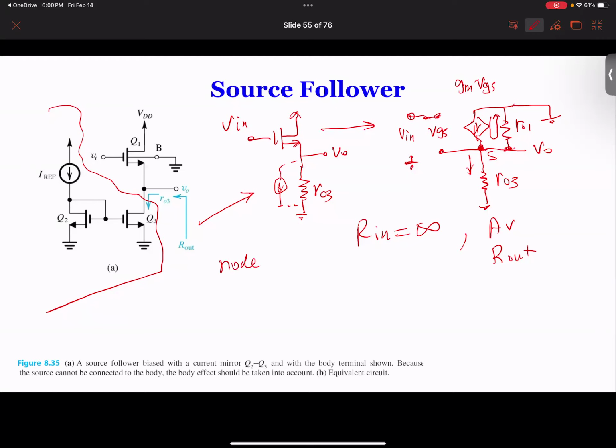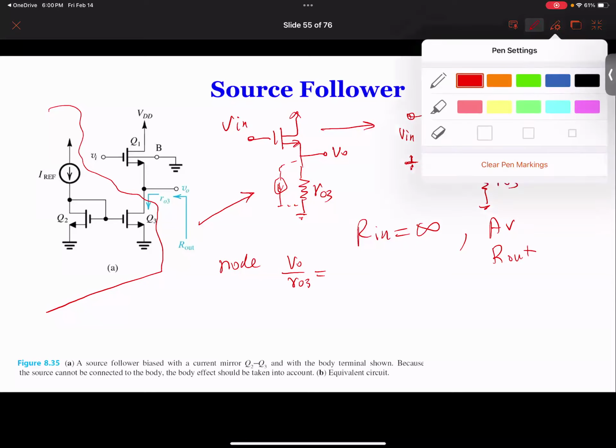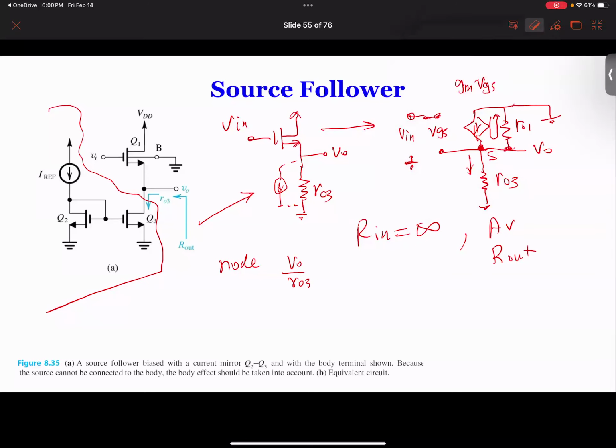At the source, nodal analysis gives us VO over RO3 equal to... we need to find the current this way and the current this way, and then this current. Let me erase this.